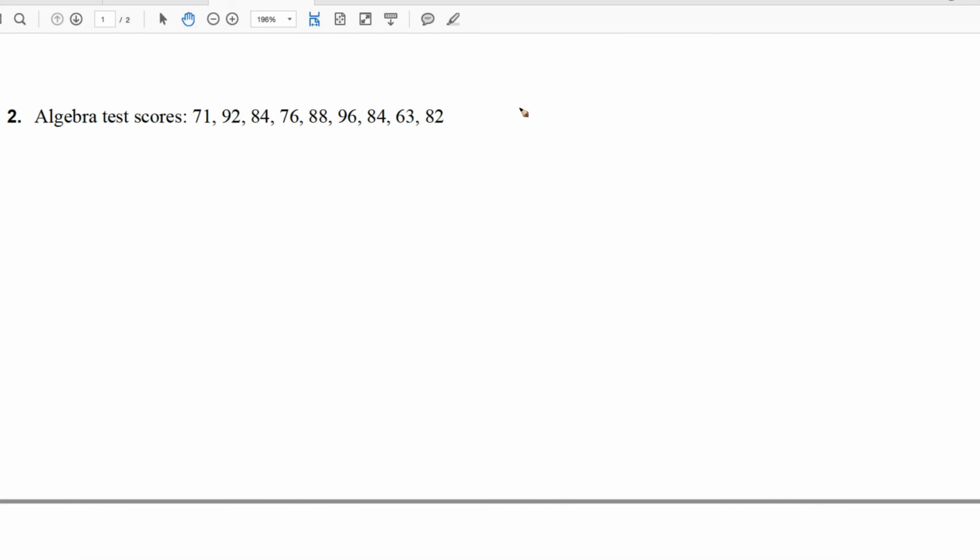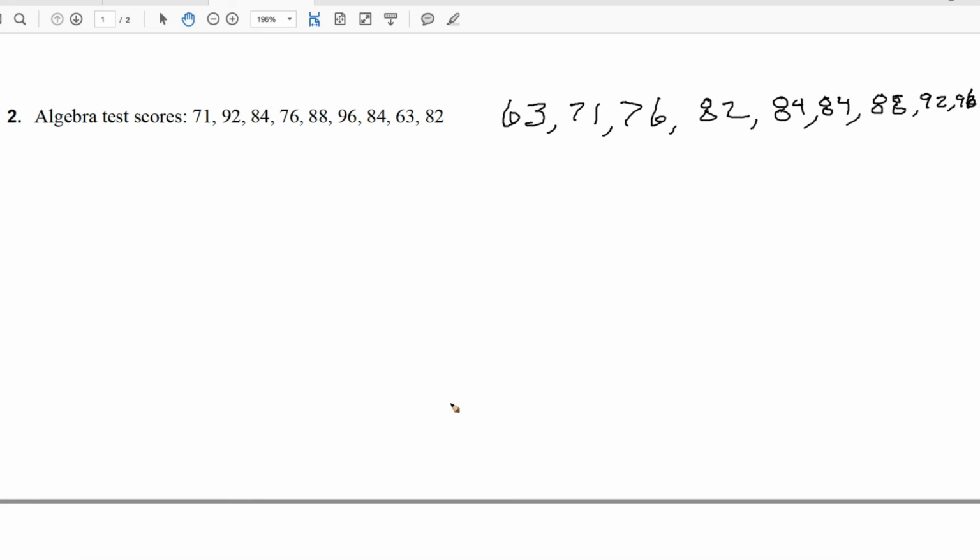In order from smallest to biggest, we get 63, and then 71, 76, 82, 84 twice, 88, and then 92 and 96. There's all our numbers from smallest to biggest.